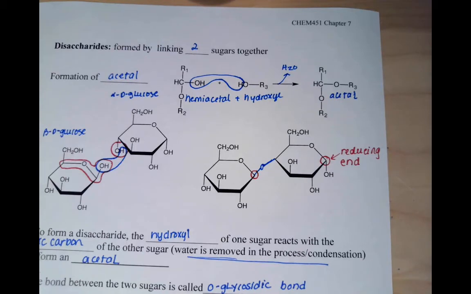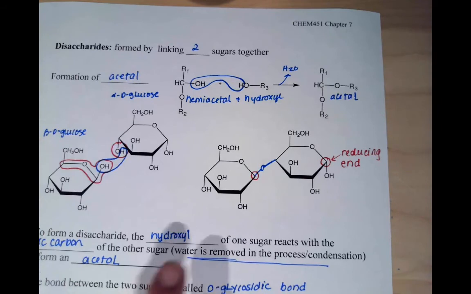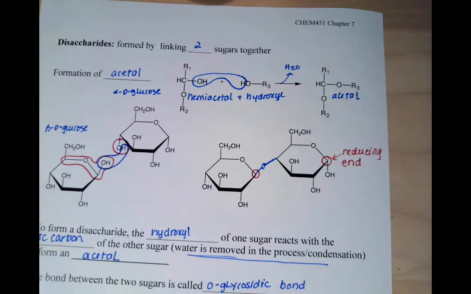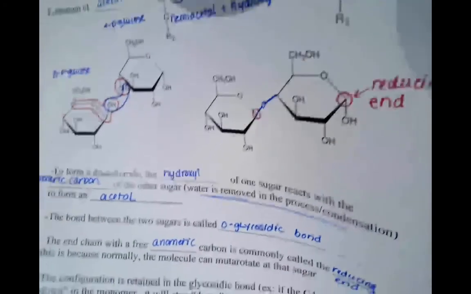So what I really want you to be able to do is be able to identify the sugars in a disaccharide, being able to identify the bond. And I'd also like you to be able to draw a disaccharide if I tell you which sugars are in the disaccharide, as well as what type of bonds are connecting the two sugars. So that means you have to at least understand the nomenclature of the glycosidic bond in order to be able to do so.